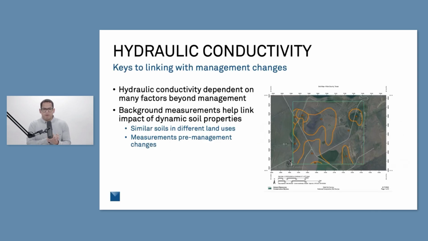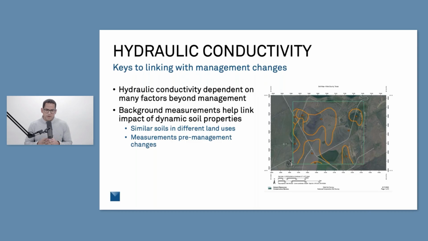And so when we're thinking about hydraulic conductivity and how we can use it to assess things like soil health and how it's improving our soil, our dynamic soil properties and improving our soil's ability to infiltrate and store and retain water, there's a few things that we need to think about if we want to link this measurement to management changes, because hydraulic conductivity is, of course, dependent on many factors beyond management. Like we talked about, it is dependent on some of those inherent soil properties.